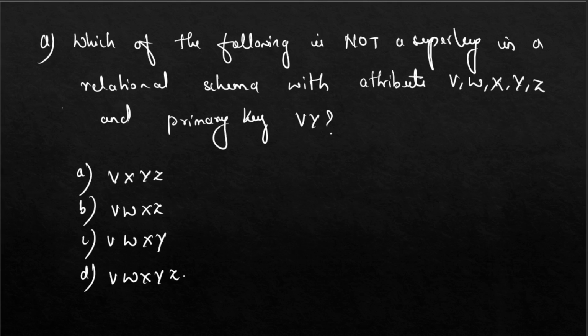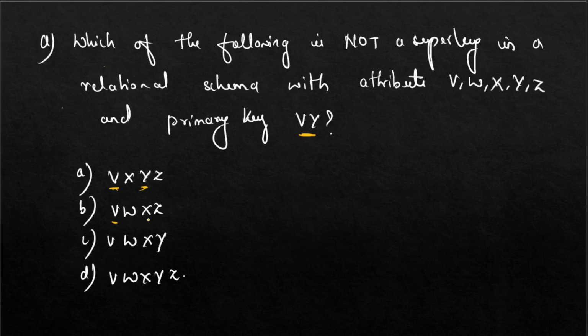Okay, so let's see the solution for this question. They are asking which is not a super key, and they are saying primary key. So primary key with other attributes makes it a super key. But here we have to check VY is present here and added with some other attributes. So this is definitely a super key.